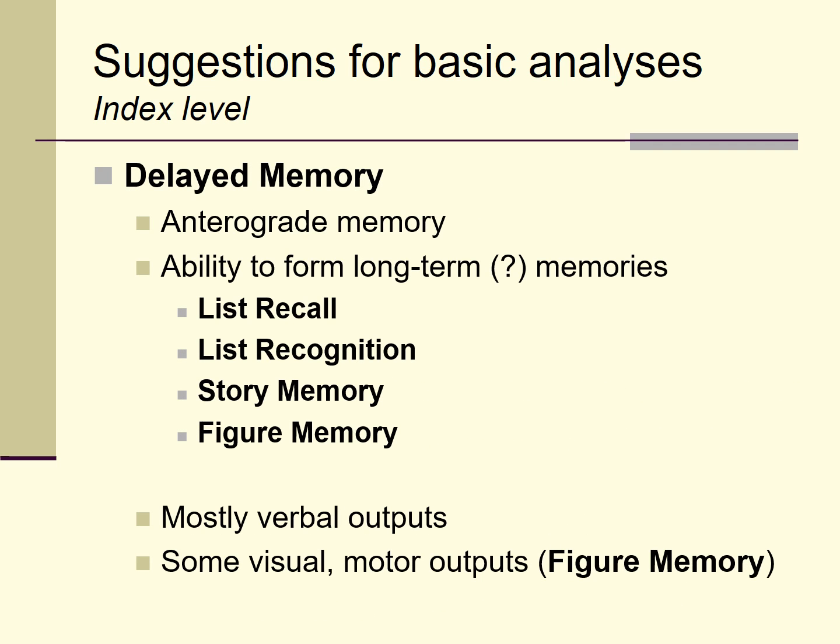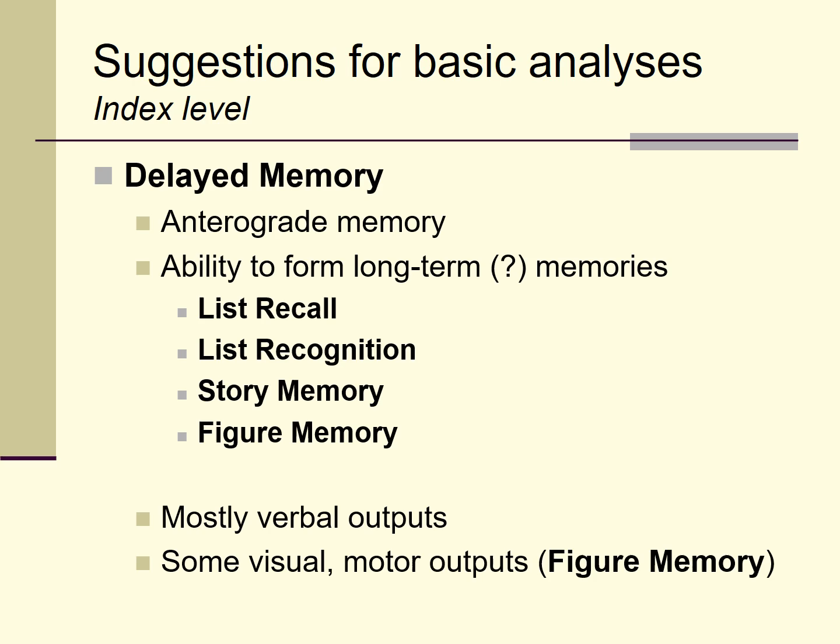And finally, we have delayed memory, and this is the ability to form relatively long-term memories. Long-term in the sense that as you're finishing up the test, about 20 minutes later, you ask people to recall information from some of the previous subtests. Like, recall that list of words that I gave you, or that story that I told you, or recall that figure that I asked you to copy and try and give it to me from memory.